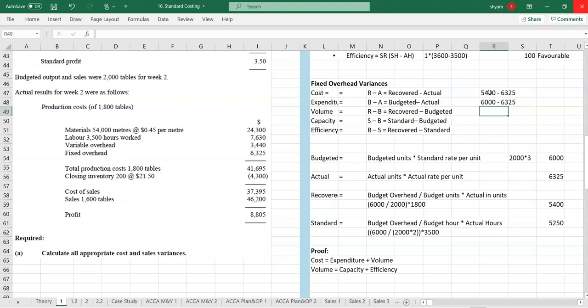Volume is R minus B. R is again 5400 minus B. B is 6000. Next one is S. S is 5250 minus B is 6000. So again efficiency is R, 5400, minus S, standard is 5250.